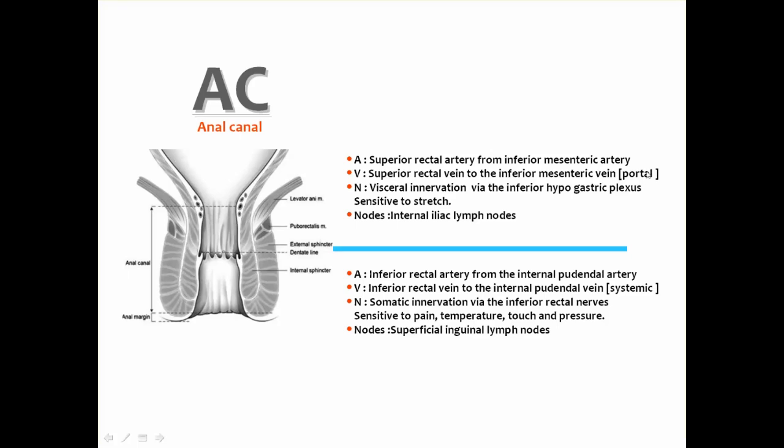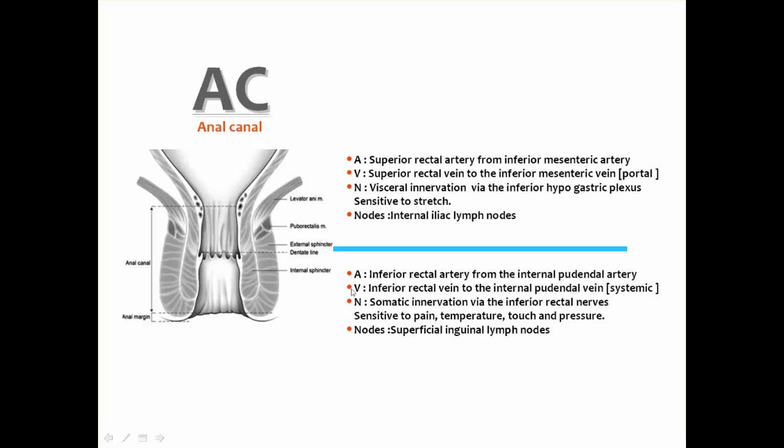this is portal circulation. The nerve supply is from the visceral innervation of the inferior hypogastric plexus, which is sensitive to stretch. The nodal drainage is to the internal iliac lymph nodes, while the lower part is supplied by the inferior rectal artery, which is a branch from the internal pudendal artery.